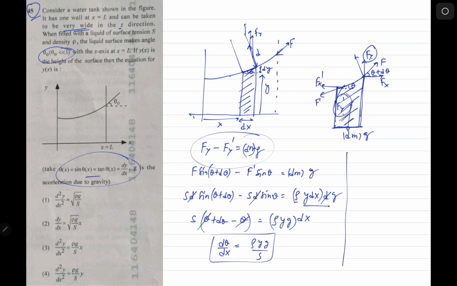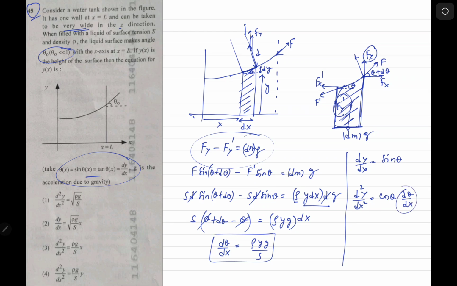For that, we can say the sine theta, right? In the given equation dy by dx is sine theta, right? Now we can differentiate here because we need to substitute with d2y by dx square. So d2y by dx square is equal to cos theta d theta by dx.